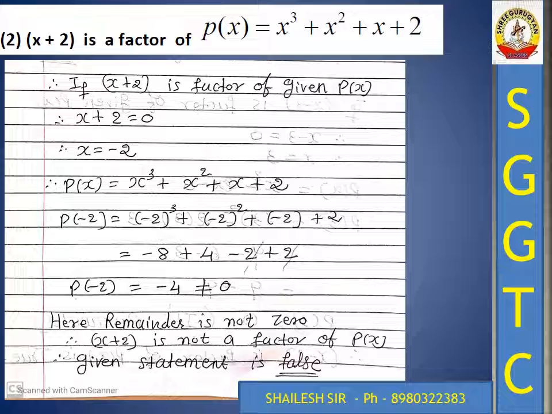No, students, here your answer is not 0, your answer is minus 4. Hence the remainder is not 0 and x plus 2 is not a factor of the given px. That's why my given statement is false. Students, this is all I check, whether a statement is true or false. So checking a factor means nothing but checking whether the remainder is 0 or not.